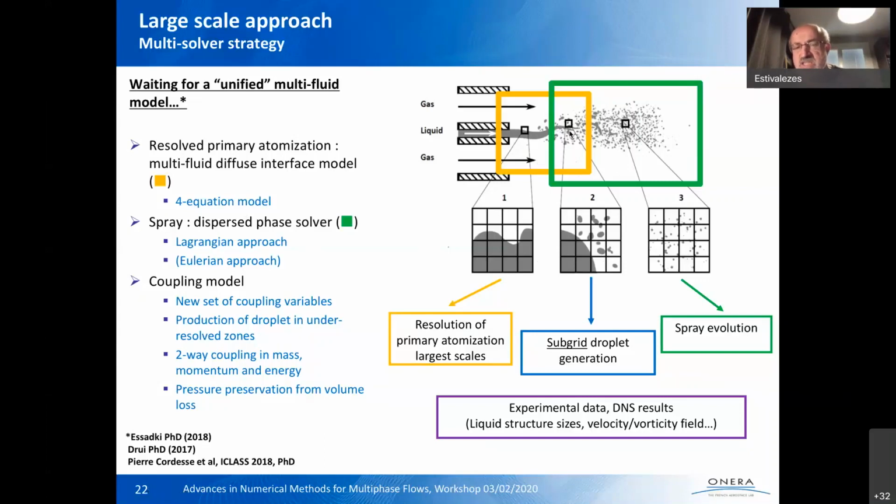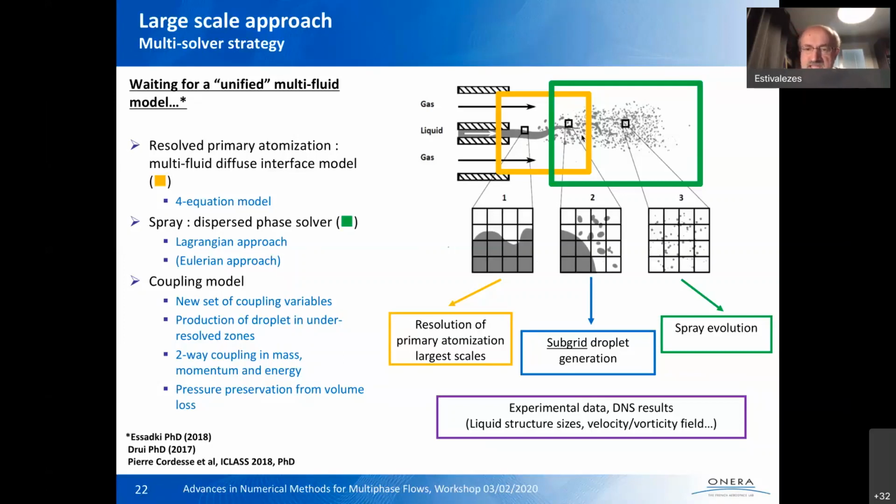For the moment we have implemented this methodology to do that, but the code is not able to define by itself what is the size of the droplets and the velocity and so on.